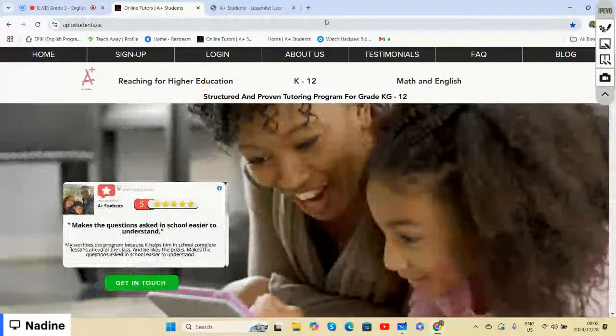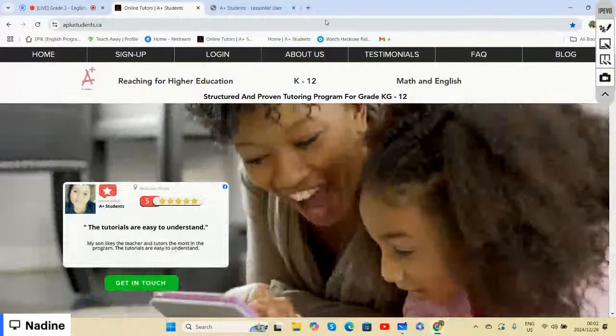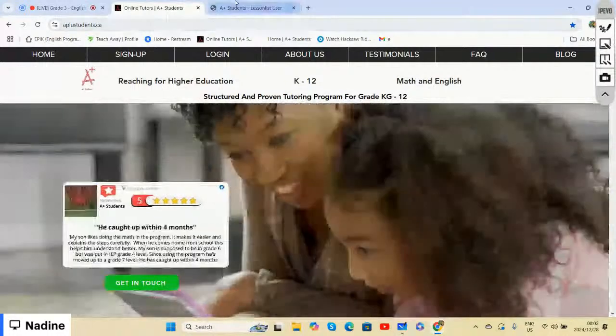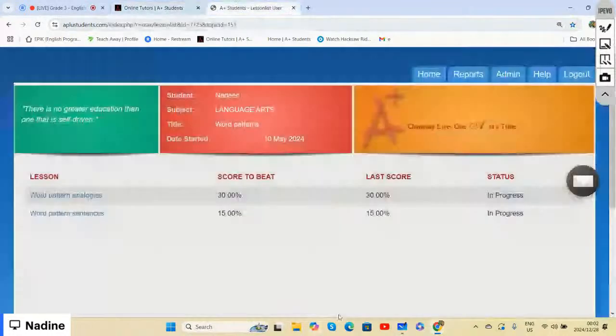We're doing grade 3. Then we're going to scroll down until we get to our chapter of word patterns.